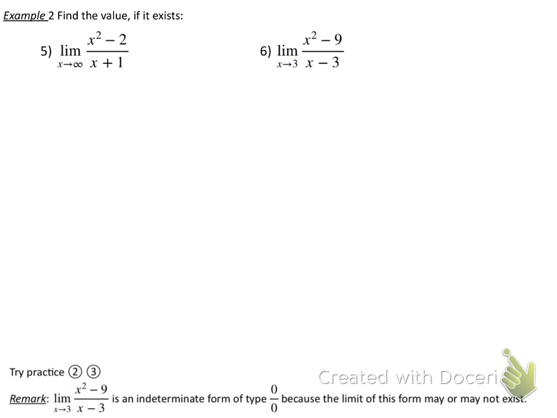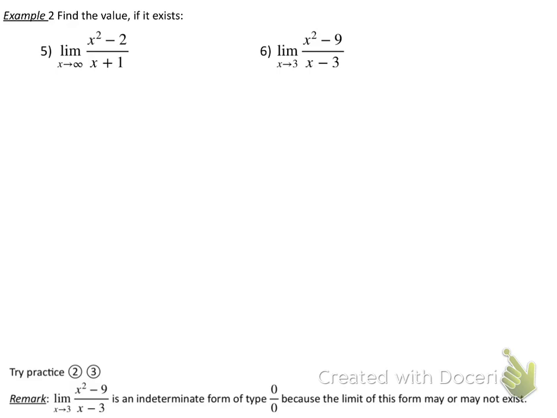Okay, next example, the limit of x squared minus 2 over x plus 1 as x approaches infinity. If you plug in infinity, infinity squared minus 2 is infinity. Infinity plus 1 is infinity. The numerator and denominator are both infinity, so you can't really do the quotient.